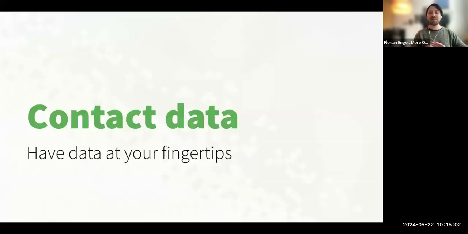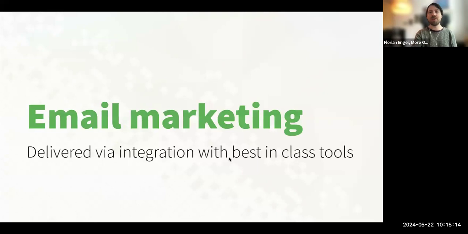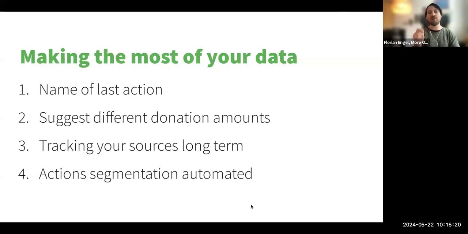So it all starts with creating contact data that is quickly available and structuring that information in a way that is sort of ready to be used. I'm going to give you a few examples. If you think about email marketing, these integrations, if you want to mention the last action a supporter has taken in your email marketing system, this information has to come from somewhere.